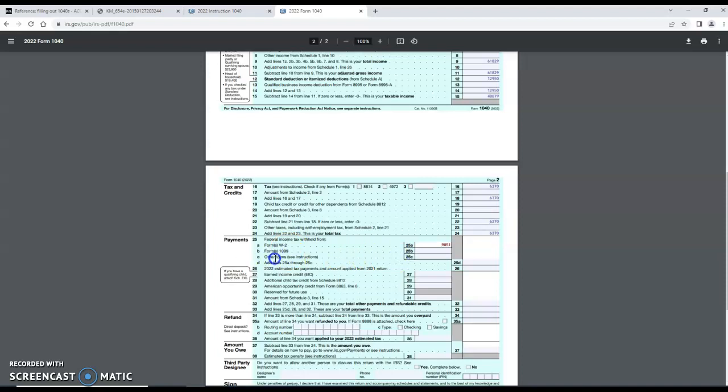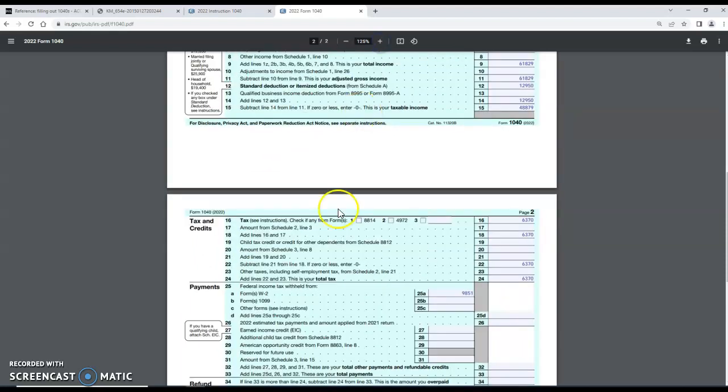If we had any other kinds of forms that had income tax withheld, those amounts would go there. Line 25D, it says add lines 25A through 25C. So these three added together, and that is still $98.51.